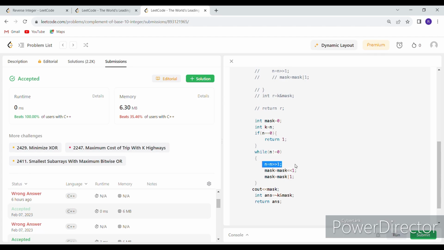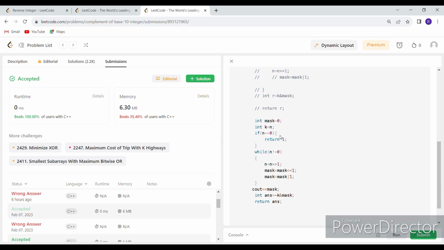We will right shift the number by 1. After right shifting the number by 1, we are taking the mask.